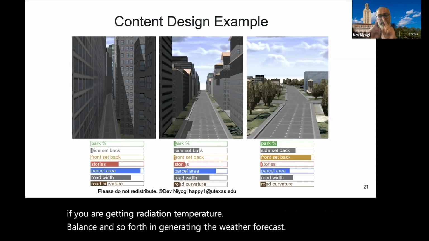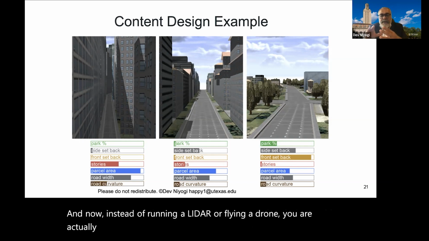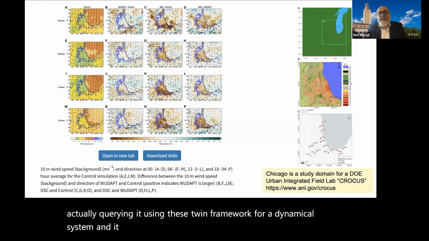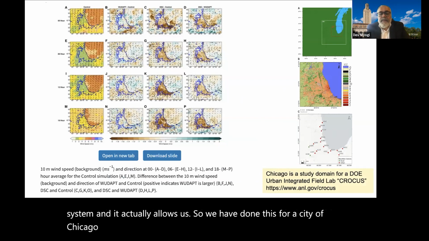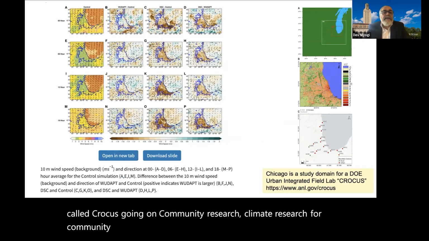And now instead of running a LiDAR or flying a drone, you are actually querying it using this twin framework for a dynamical system. And so we have done this for the city of Chicago, where we have a Department of Energy integrated field lab called CROCUS going on, community research, climate research for community science. And here you see this is Lake Michigan, and this is the city of Chicago in red.